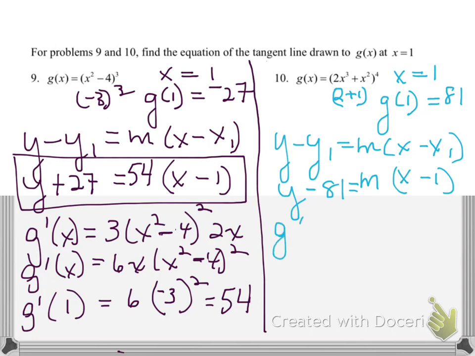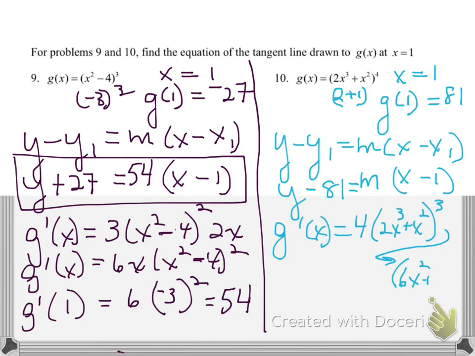So g prime of x equals, power rule, 4 comes in front, 2x cubed plus x squared. Don't forget the power. Now I'm just going to put this under here. So the derivative of the inside is going to be 6x squared plus 2x. Alright, so you've got to figure out what that is.